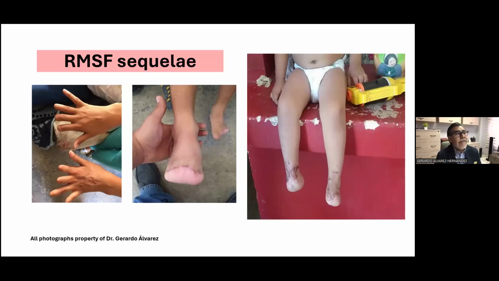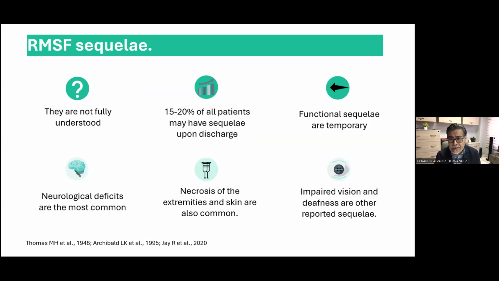So I'm gonna finish with showing some pictures about the sequela in patients surviving to critical condition of RMSF. So most of you know that in survivors, some dramatic clinical sequela can appear, like amputations, and most of them are, and other important are neurological deficits.